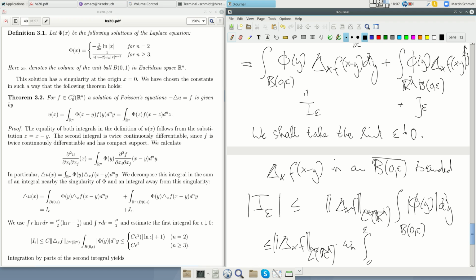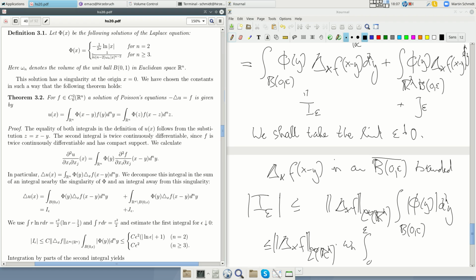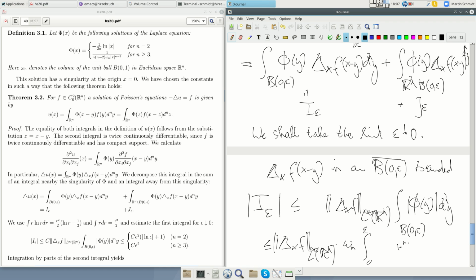times the integral from 0 to epsilon. And now we should take this function, which only depends on the absolute value, times r^(n-1) dr. And here we should insert this function.